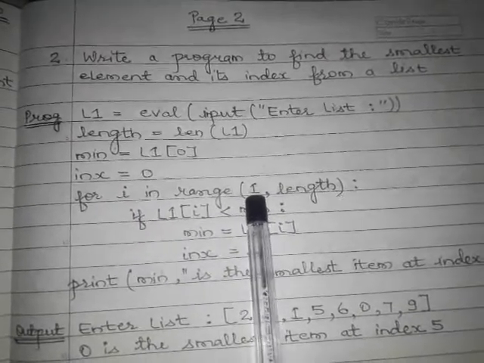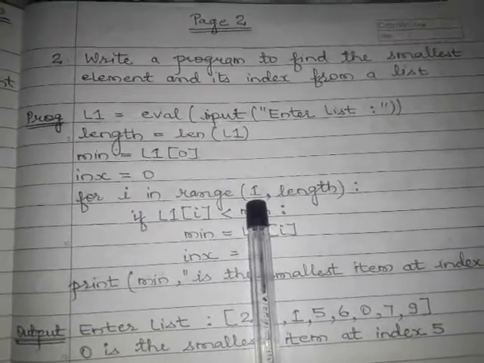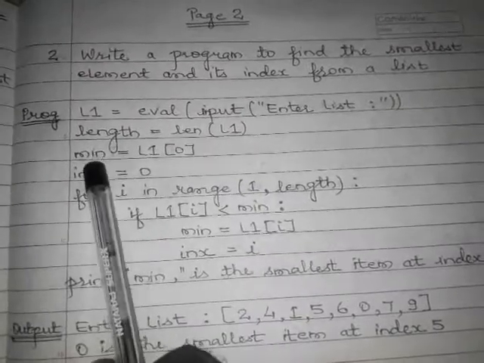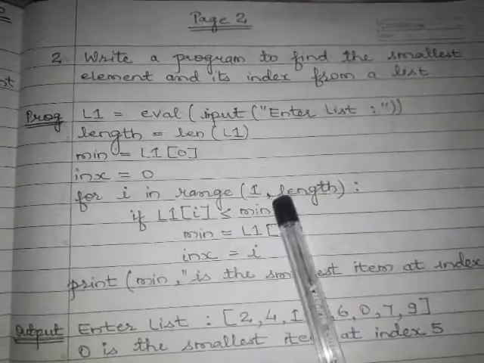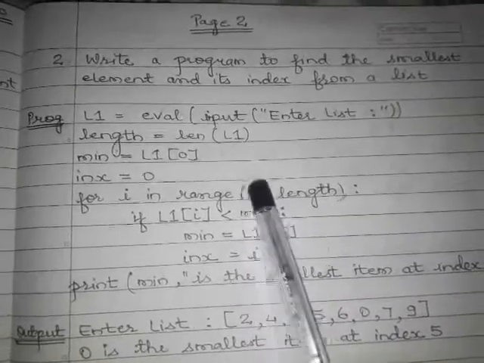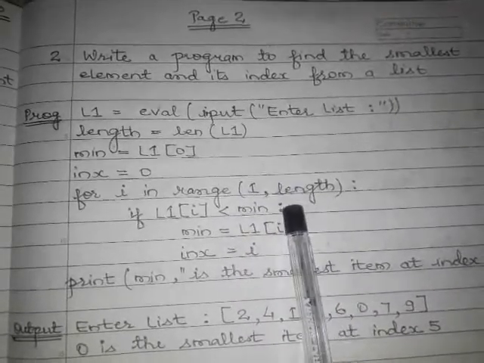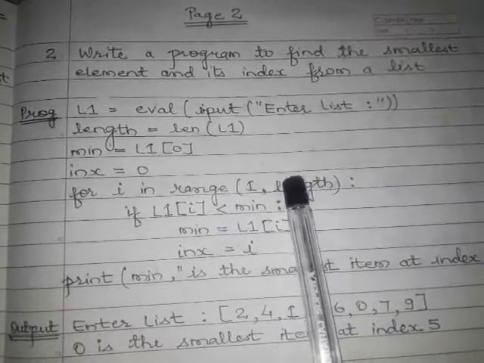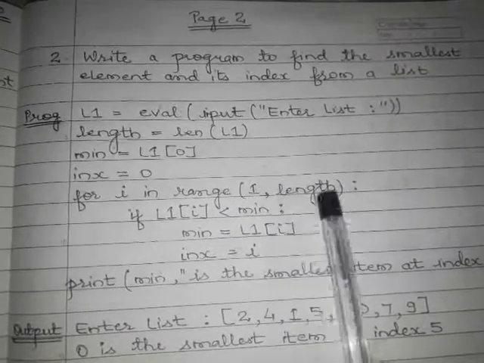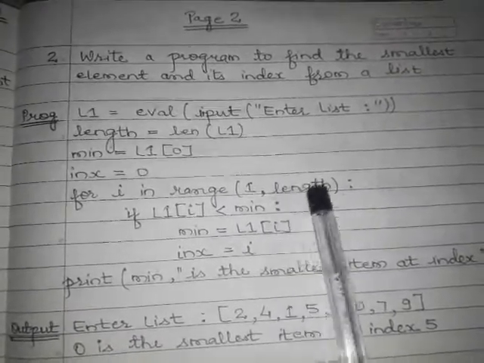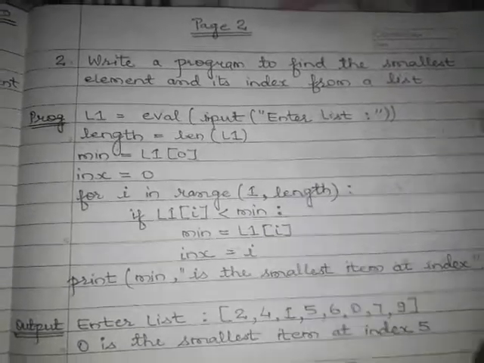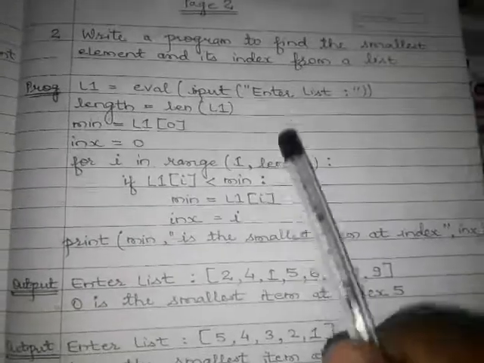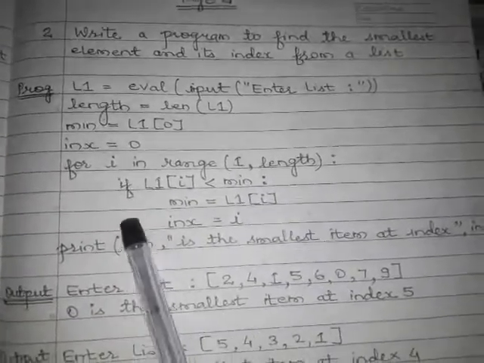We start from 1, meaning from the second element, because the first we have already taken in our variable minimum. Up to length: if the length is 5, this value will be 4, because the stop value is excluded and the last element has index 4. That's why it is from 1 to length.